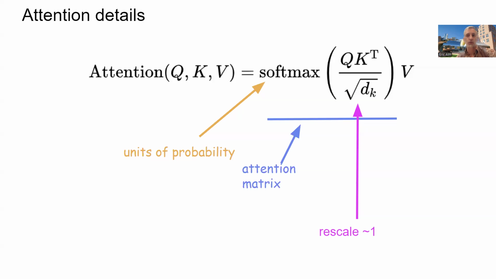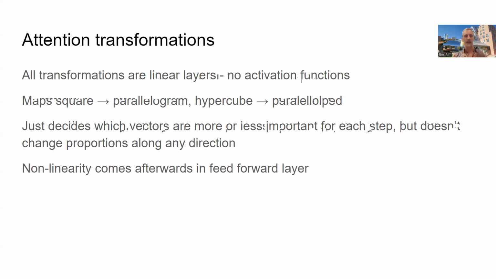There's a rescaling that happens that I think is relatively straightforward. I don't remember off the top of my head why it's the square root of the dimensionality, but that's as may be. We take that matrix and multiply it to get our values. That's kind of our overview.